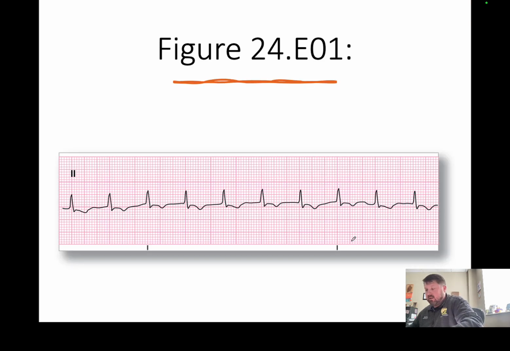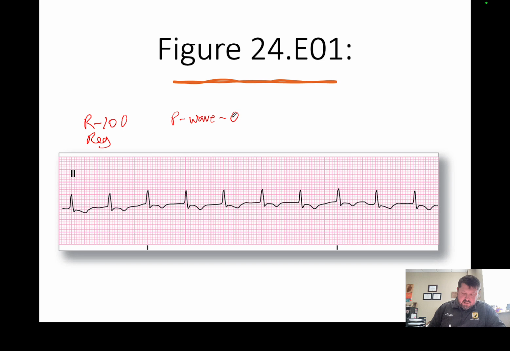All right, so looking at the first example here, we've got a rate of 100. It's regular. The P wave is absent, so that means we have no PRI, and our QRS is within normal limits at about 0.10.